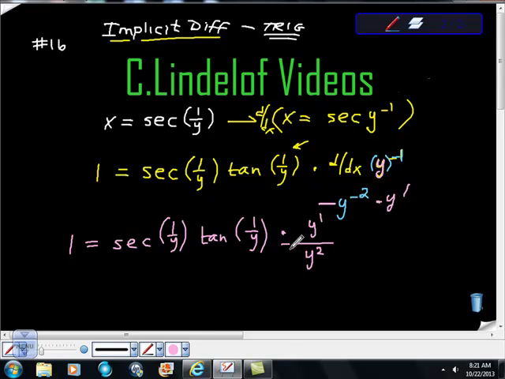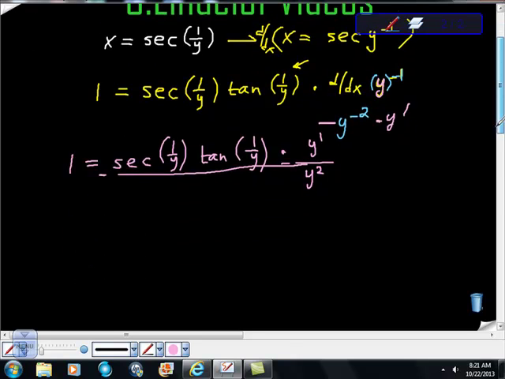So from here, I can bring the negative sign out to the front, right? And where did I go from here?